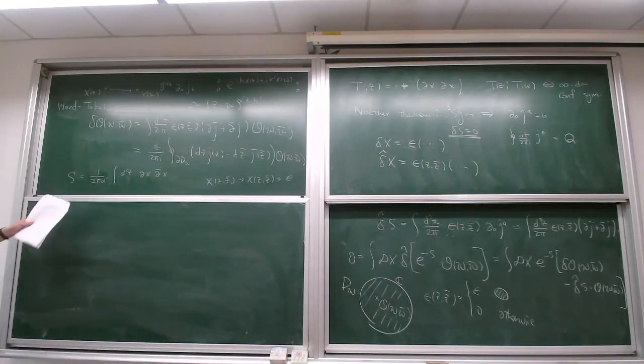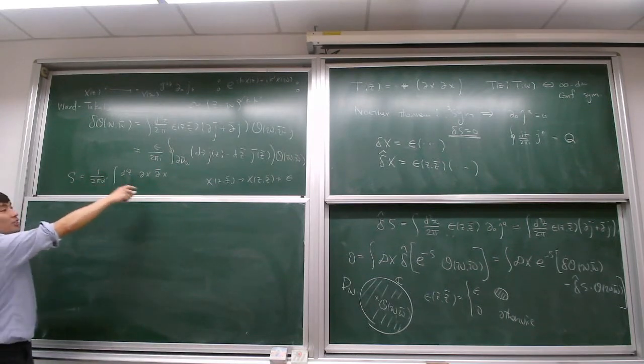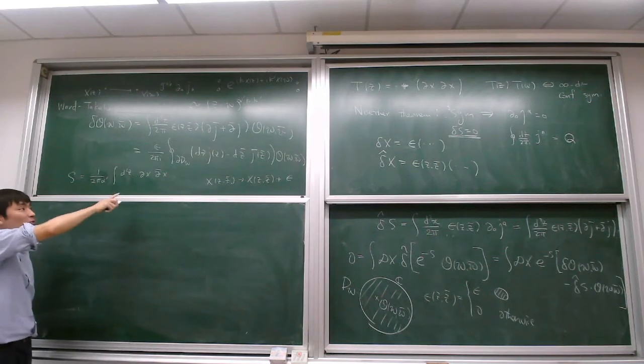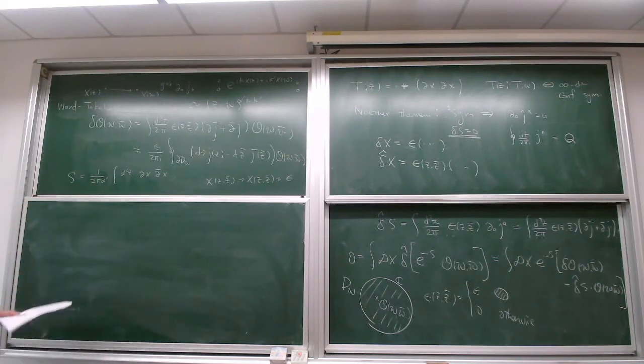If you take a variation with respect to a constant shift, delta X is constant, then of course the derivative of X on a constant is 0. So it's a very simple symmetry. It's just translation of the space-time.